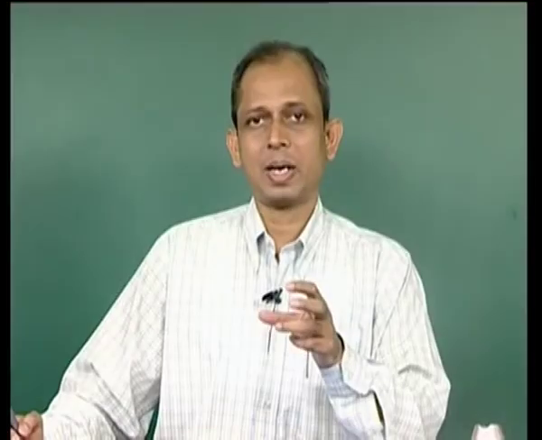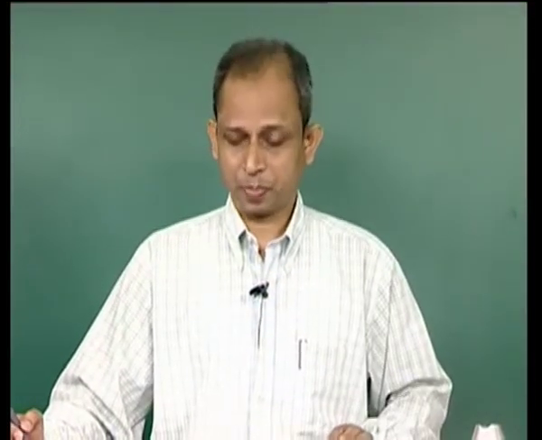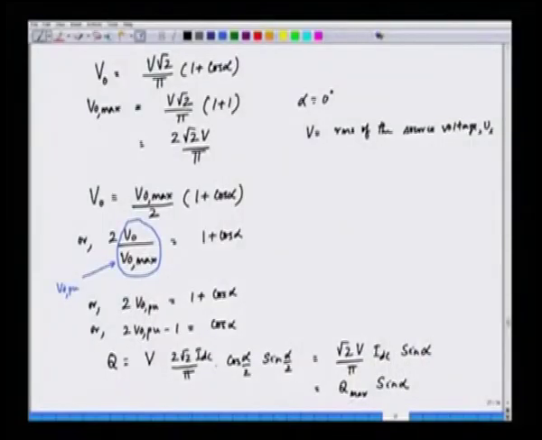When sine alpha is 1, it means alpha is pi by 2, we have the maximum reactive power. So, we can rewrite this in the following fashion: Q is equal to Q max sine alpha.